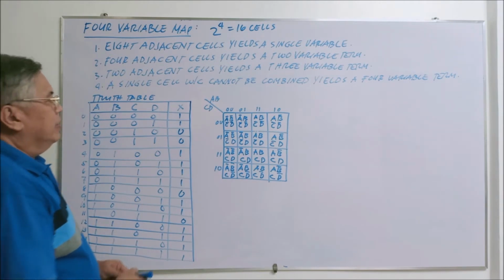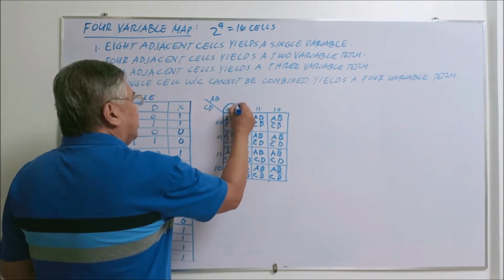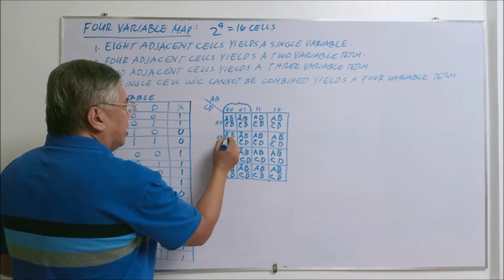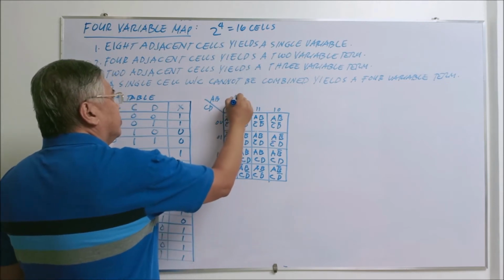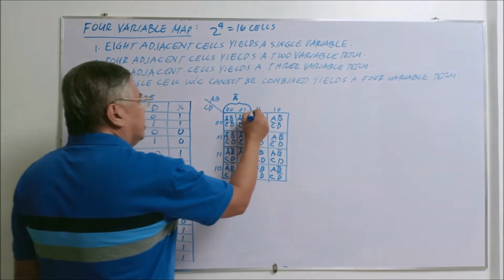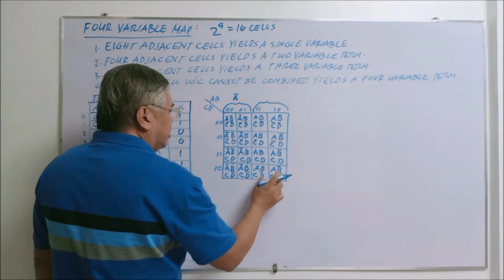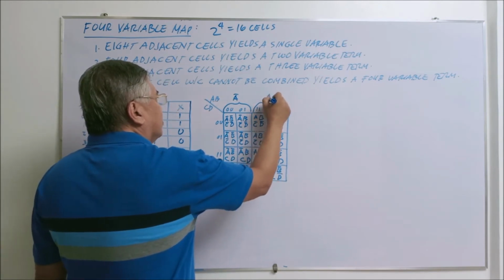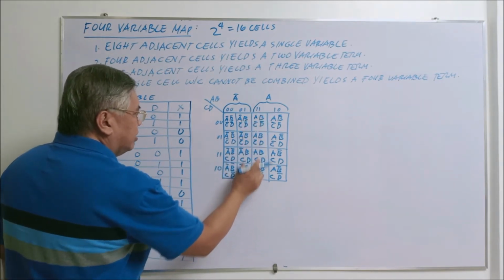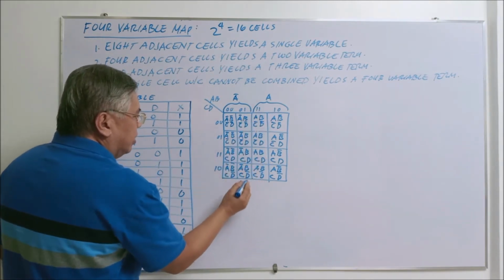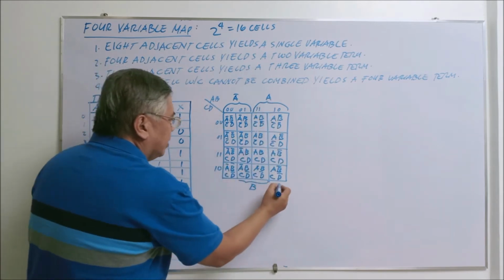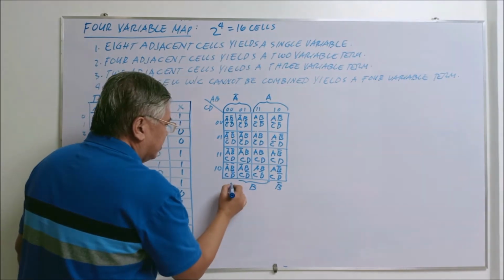Okay? So, if you notice, in these 8 cells here, the common is A bar. So the 8 cells belong to A bar. And this one here, another 8 cells, the common is A, so this belongs to A. And then for B, these cells here at the middle, 8 cells, the common is B. And then on this side, B bar.